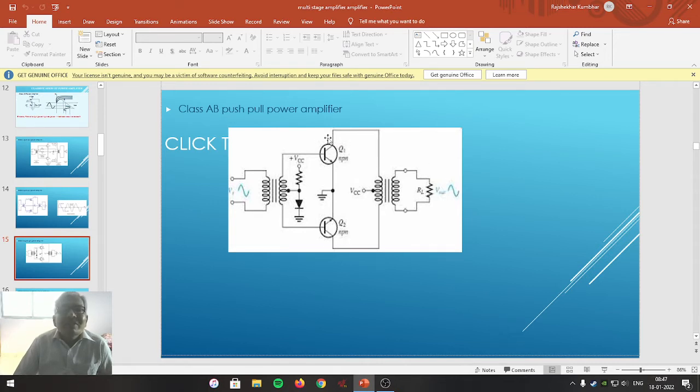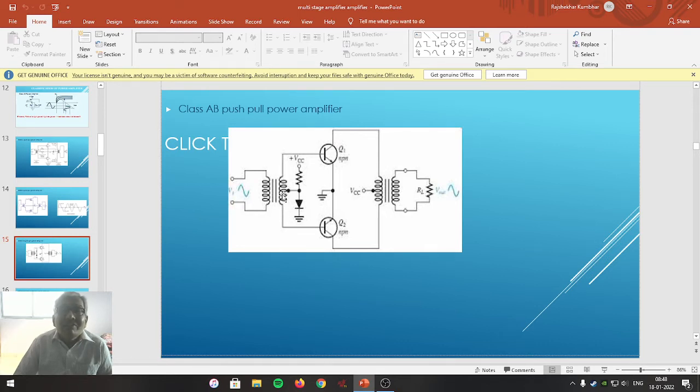Friends, such a class AB push-pull power amplifier consists of what? It consists of a driver transformer, represented here, whose primary is connected to the input signal power to be amplified.